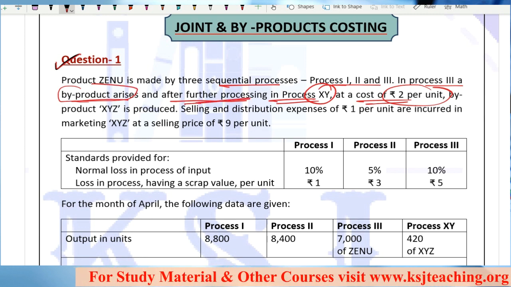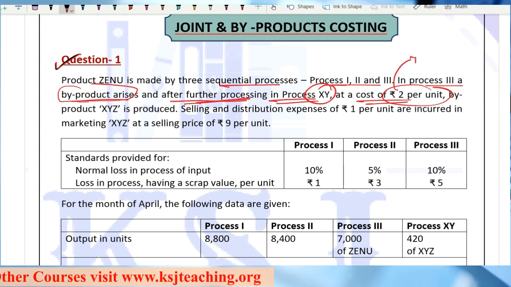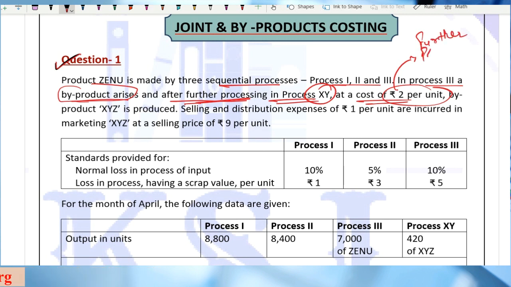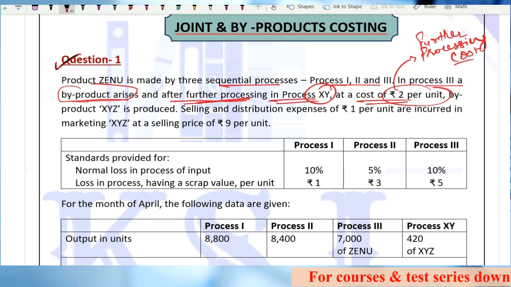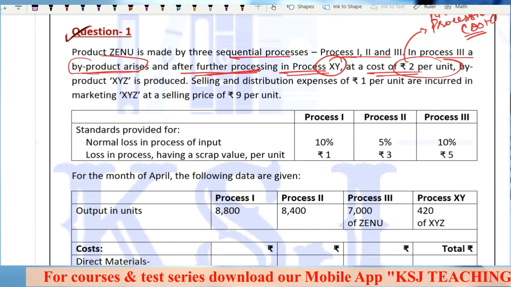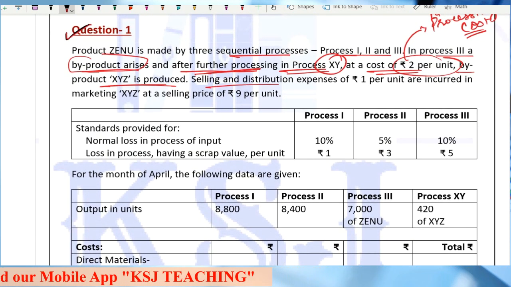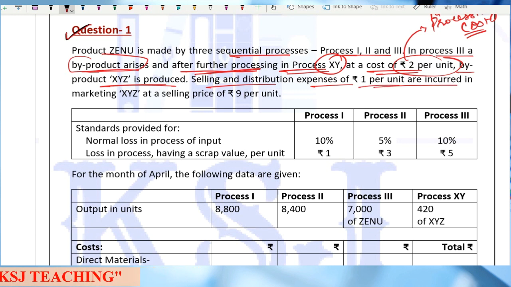That process is XY, and the further processing cost is 2 rupees. This 2 is your further processing cost, right? After further processing, what you get is the byproduct XYZ. Selling and distribution expenses of rupee 1 are incurred in marketing XYZ at a selling price of 9 per unit.